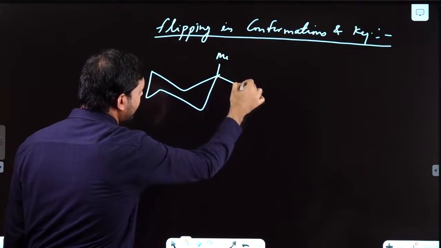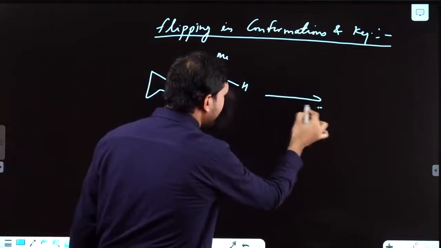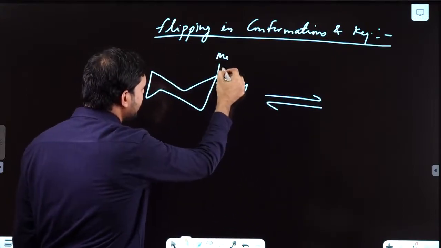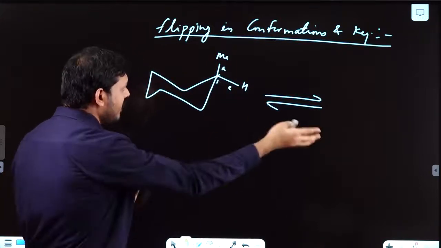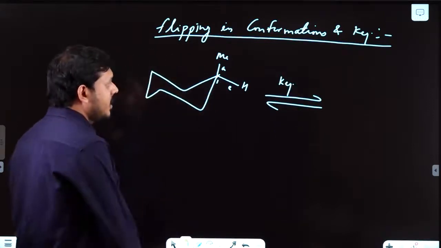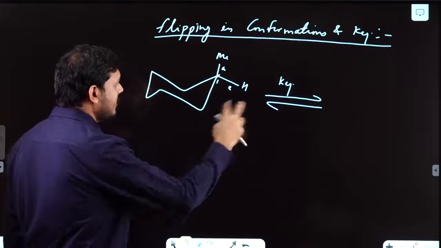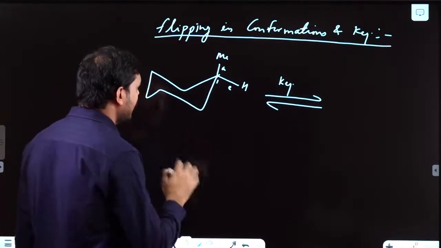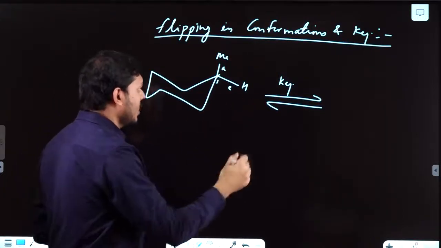Suppose this is methyl and this is hydrogen. I am starting with a very basic concept. You can understand here, if this is 1, this methyl is in axial position and this hydrogen is in equatorial position. So after flipping, what will happen? If I say the equilibrium constant for this interconversion or conformational change is K equilibrium or simply K, then on flipping this axial will go into equatorial position.